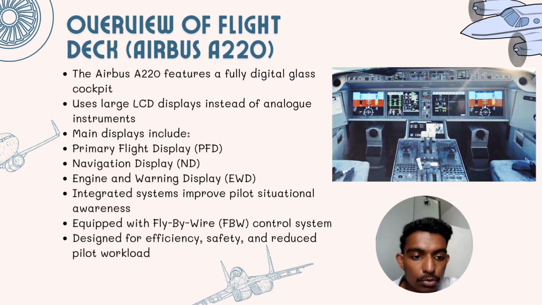The Airbus A220 also uses fly-by-wire technology where flight controls are operated electronically instead of mechanically. This improves safety and reduces pilot workload. Overall, the flight deck design enhances efficiency, accuracy, and situational awareness for pilots.